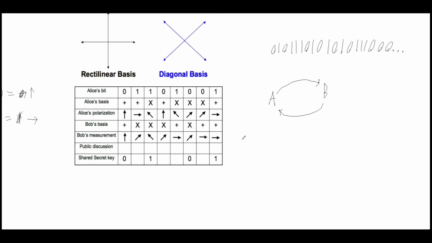I think it's called sifting. And so they end up using only the zeros and ones for the ones they agreed on. Like I said, these can be sent over an insecure line because the idea is that they don't know what the actual polarization was. They only know the bases.